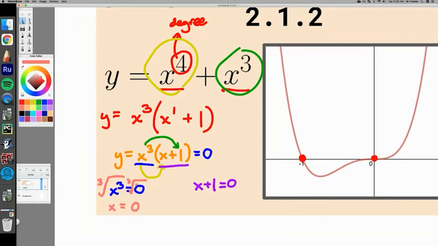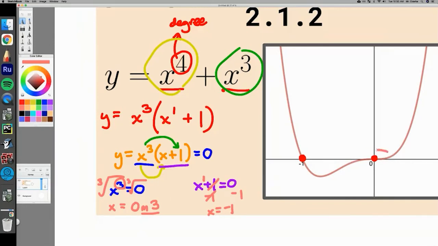But since you did the cube root, it has a multiplicity of 3. This one over here, if you subtract 1 from both sides, you're left with x is equal to -1. Now, it's got a power of 1 here, so you're only going to have one solution here. This one has a power of 3, so you have a multiplicity of 3.